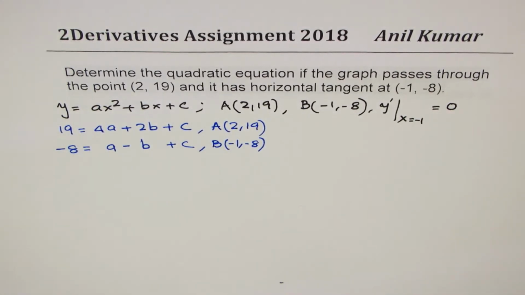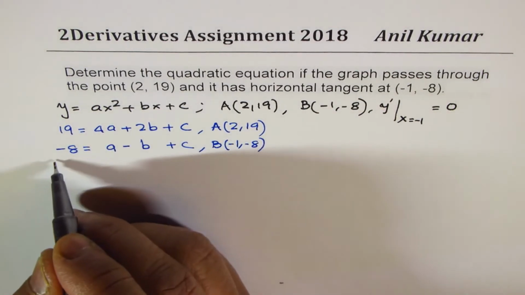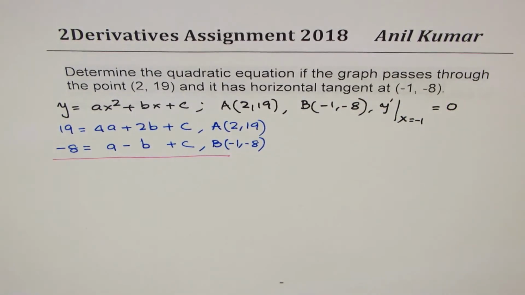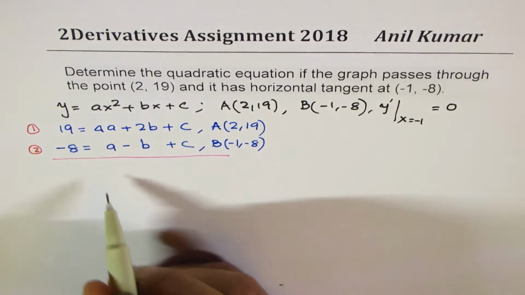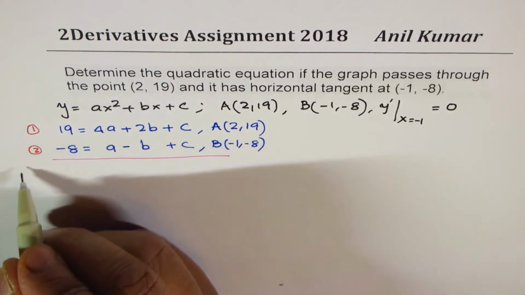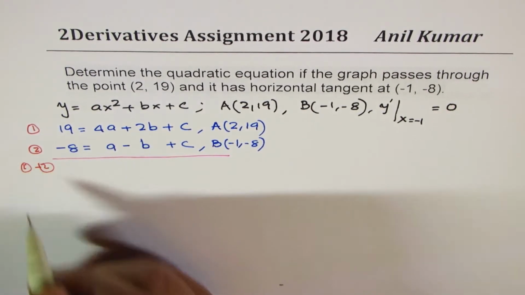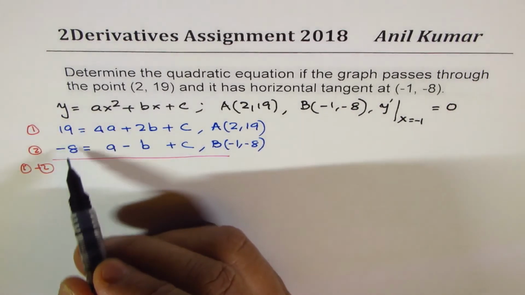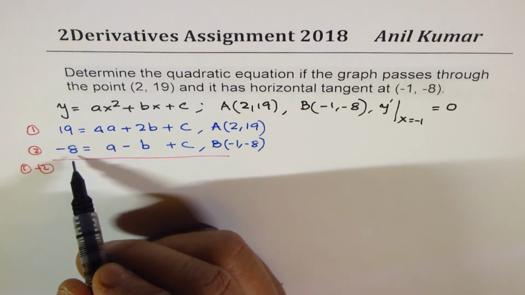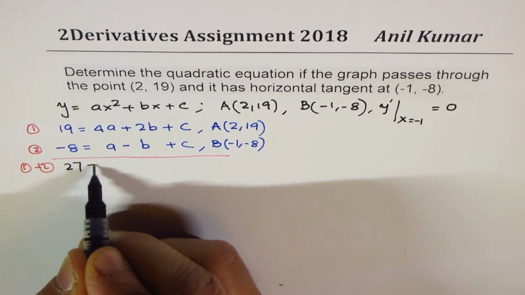Now from these two equations, we can eliminate c, as you can see. Let me call these equations number 1 and 2. So this is equation 1, this is equation 2, and we do equation 1 take away equation 2. If you do that, what do you get? 19 minus of minus 8 means 19 plus 8, which is 27.